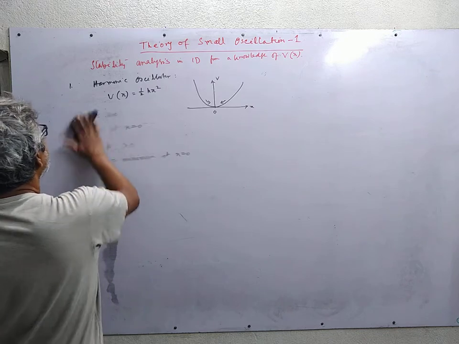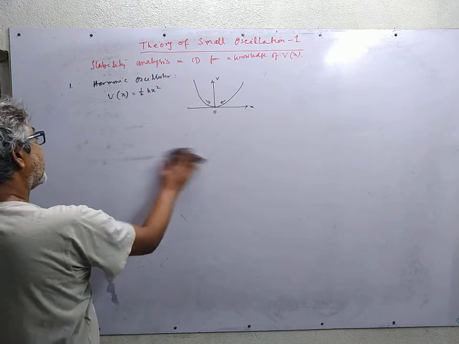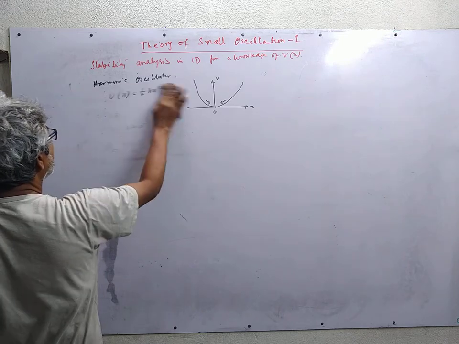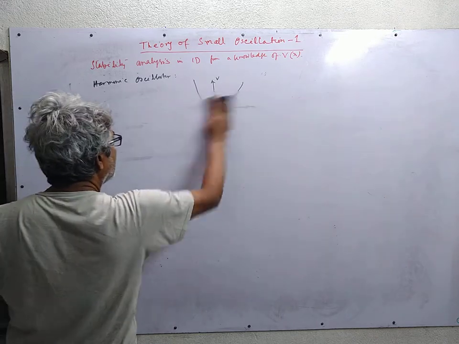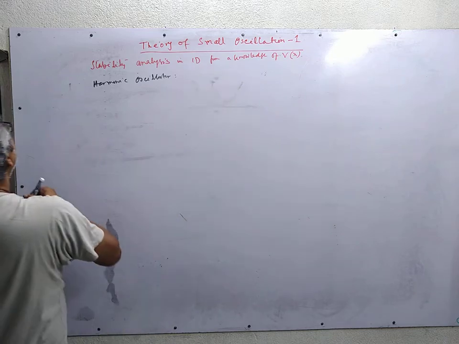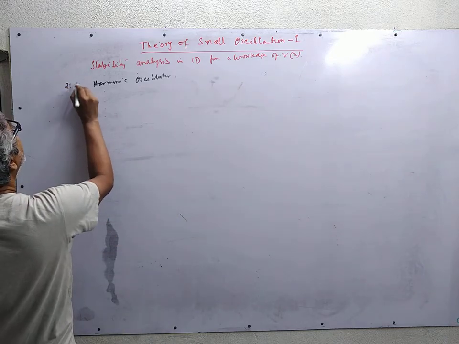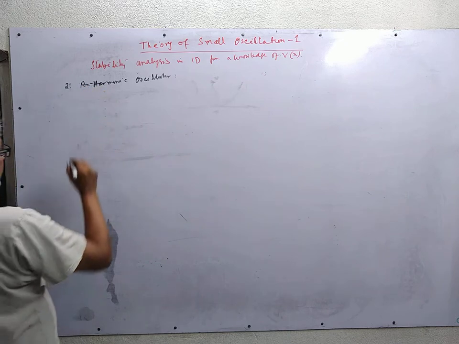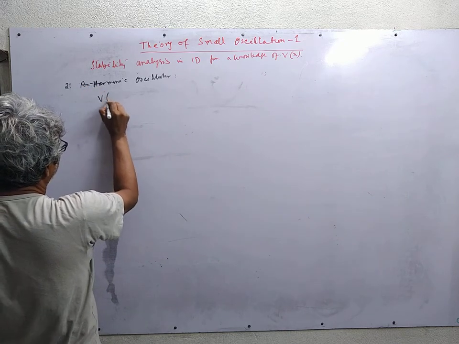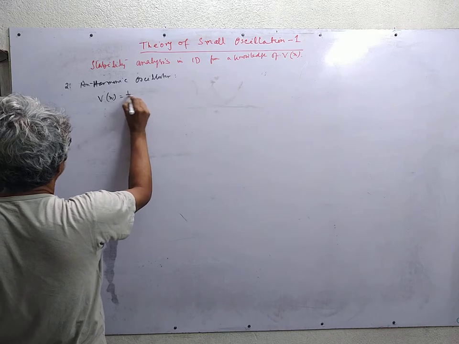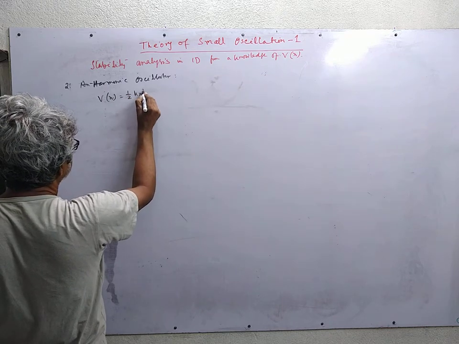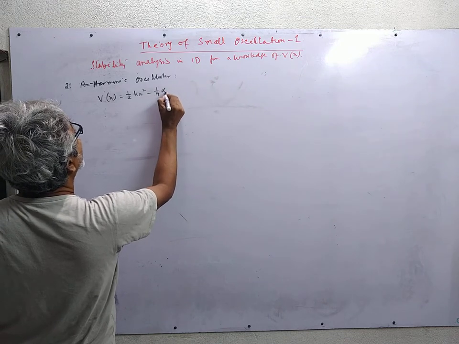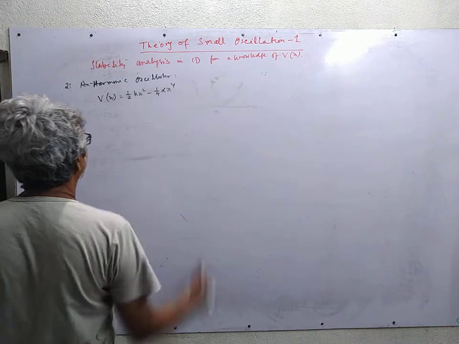So the second example is we are going to consider an anharmonic oscillator. The potential function for an anharmonic oscillator, let us consider it is half kx square minus 1 by 4 alpha x to the power 4.